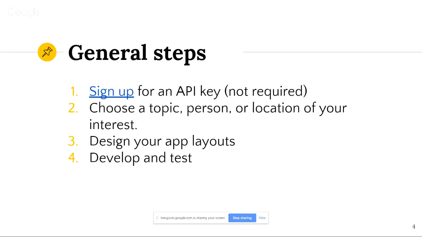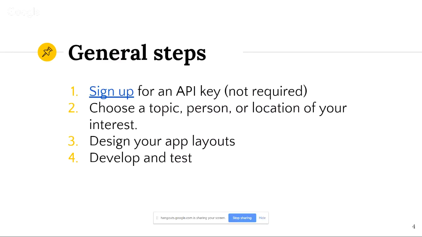Also, after that, as usual, design your app layouts. It is one of the most important things. How are you going to display the information? Are you going to include images? You may want a list view, and what kind of information will be included in what section. So take the time and design your layouts.